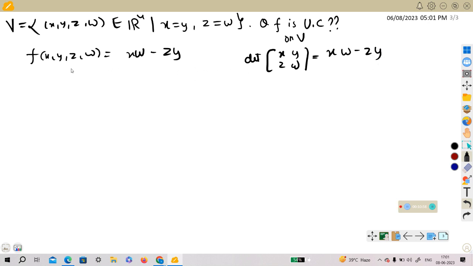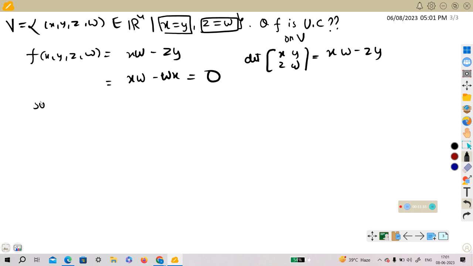Now if we put in, as x is equal to y and z is equal to w, this becomes wx minus wx, they are equal in reals, so it is 0.